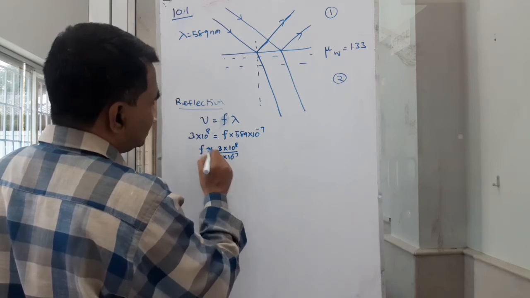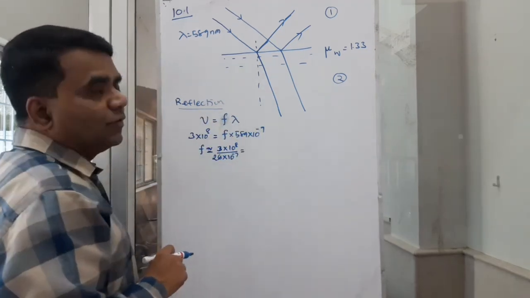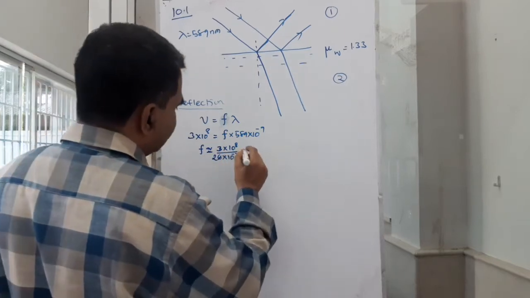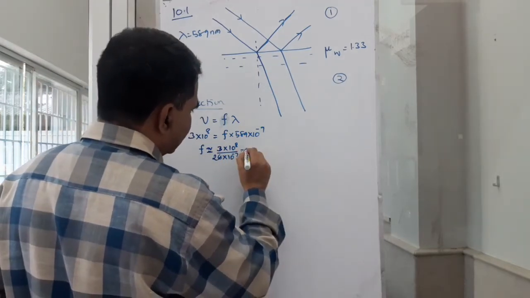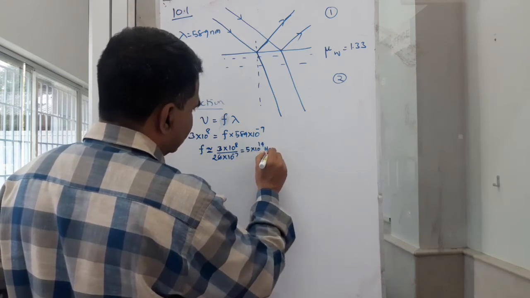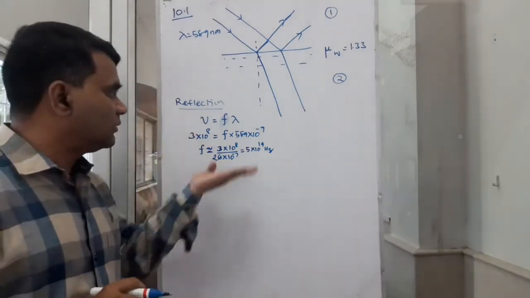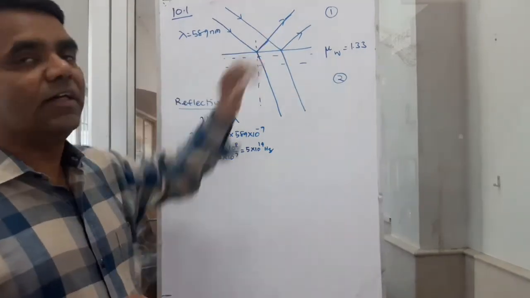This is 1 by 2, and this goes up, so that becomes 10 power 15. So 0.5 into 10 power 15, or 5 into 10 power 14 hertz. So this is the frequency of light.